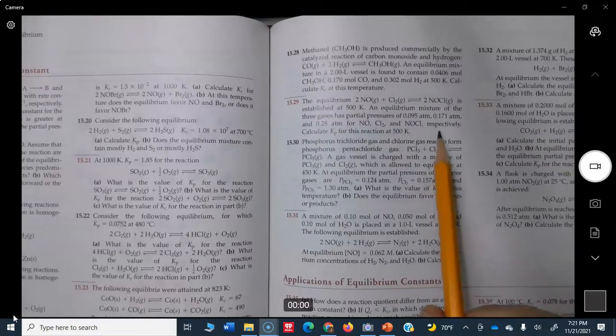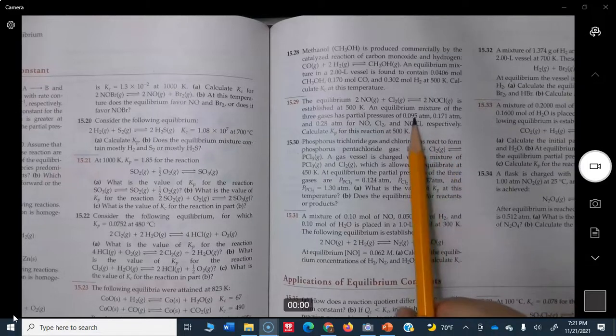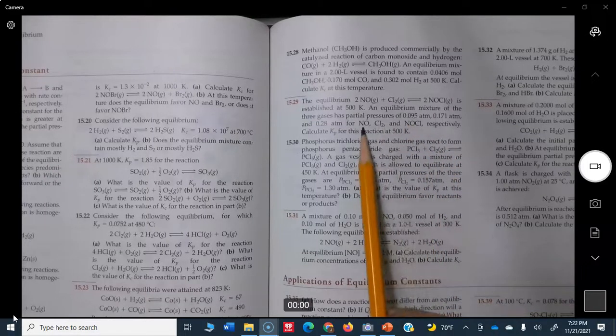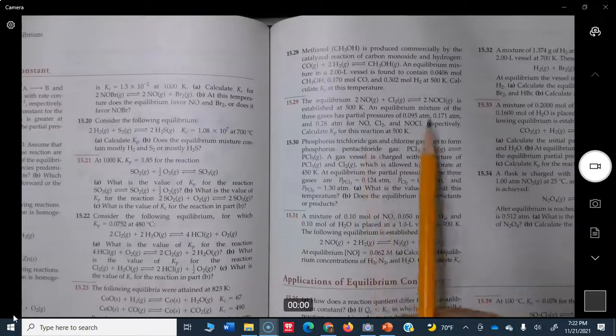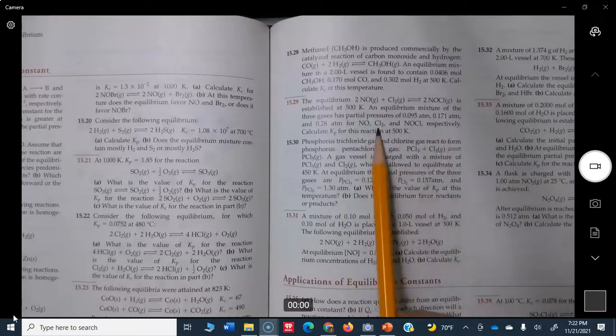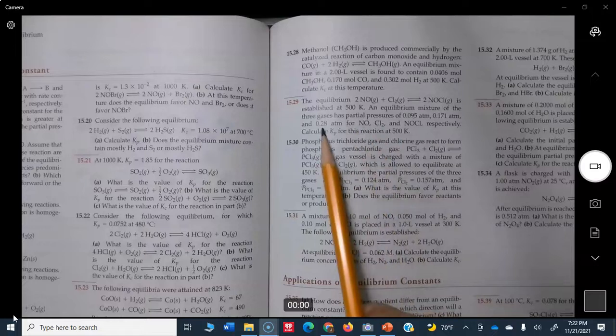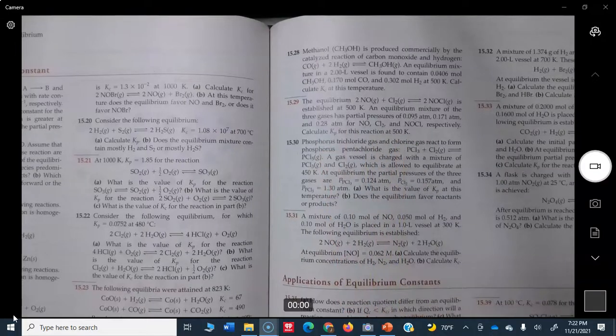Again, what that means respectively is that the 0.095 corresponds with the first compound. The second number, 0.171, corresponds with the Cl2, and the 0.28 corresponds with the NOCl. That's what the word respectively means. Calculate Kp for this reaction at 500 Kelvin.